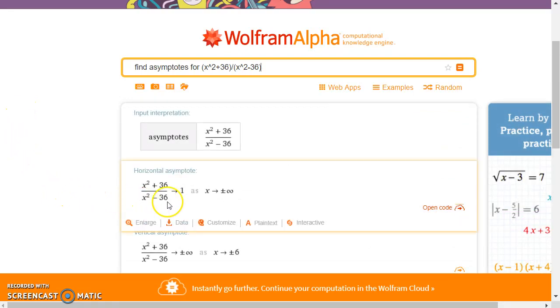And what this will tell us is that our function value approaches 1 as x approaches both positive and negative infinity. So that's that idea of end behavior, meaning we have a horizontal asymptote of y equals 1.